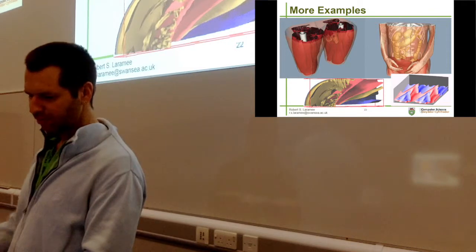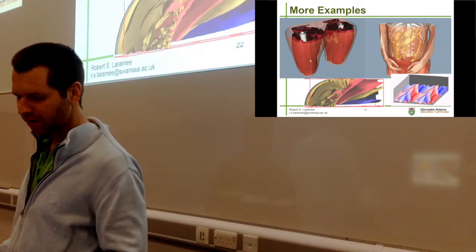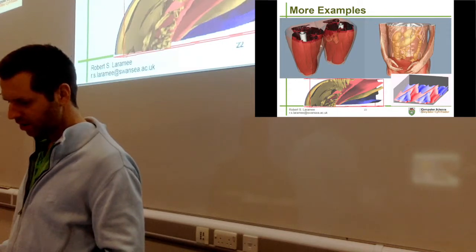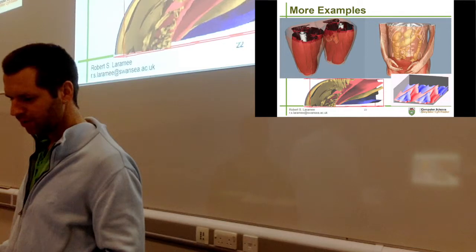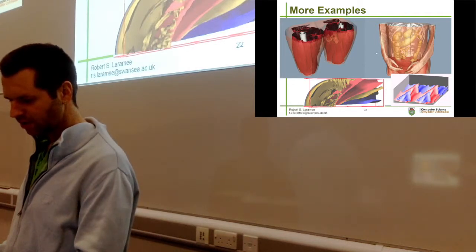Here are some examples of isosurfaces. Now these are multiple isosurfaces, by the way. Like there's a semi-transparent isosurface for the skin, soft tissue, and bone. And here again, skin, bone, soft tissue, more soft tissue. These are from vector field visualization. Those are different kinds of vector field isosurfaces.